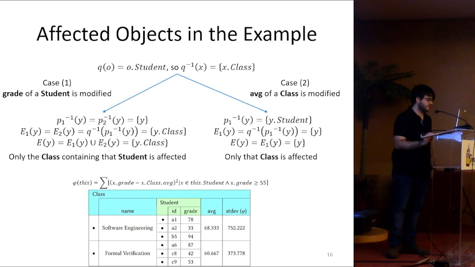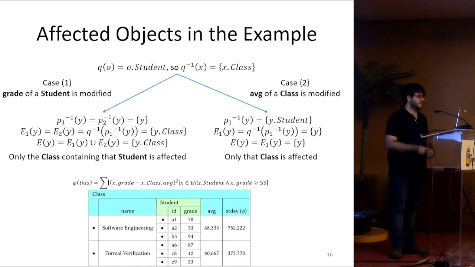So pi1 inverse and pi2 inverse of y is y. Therefore, E1 of y and E2 of y are both Q inverse of pi inverse of y, which is y.class. And therefore, E of y, which is the union of them, is y.class. That means that when a grade of some student is modified, we get the class that contains that student, and that class is affected, and its STDF needs to be recomputed.